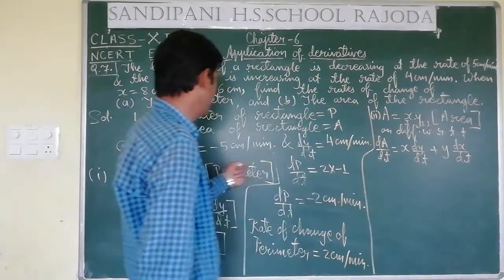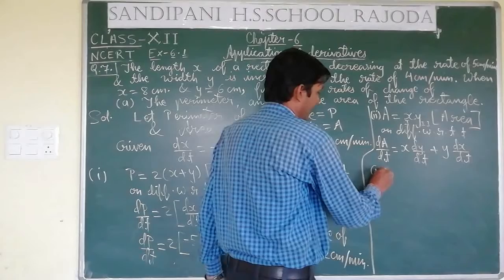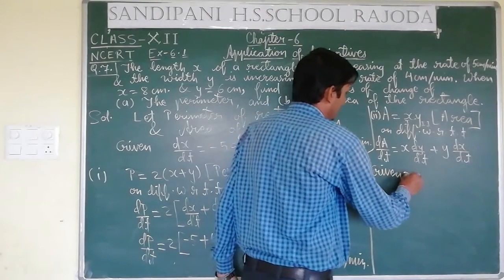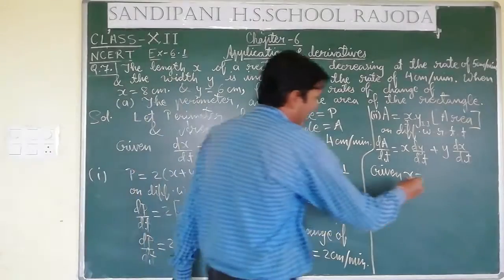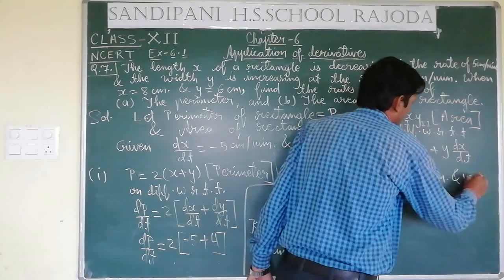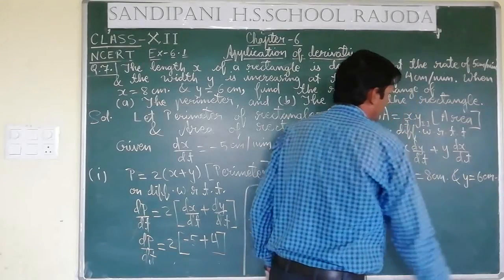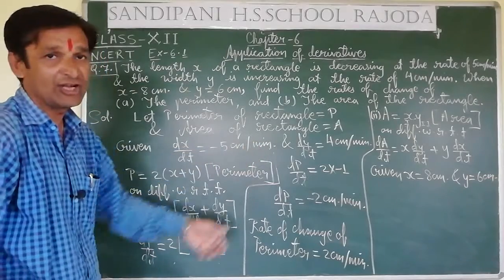Now dx by dt, dy by dt values we know, and we have to mention here, given x is equal to 8 centimeter and y is equal to 6 centimeter. Both values we know, and values of dy by dt and dx by dt already we have mentioned.